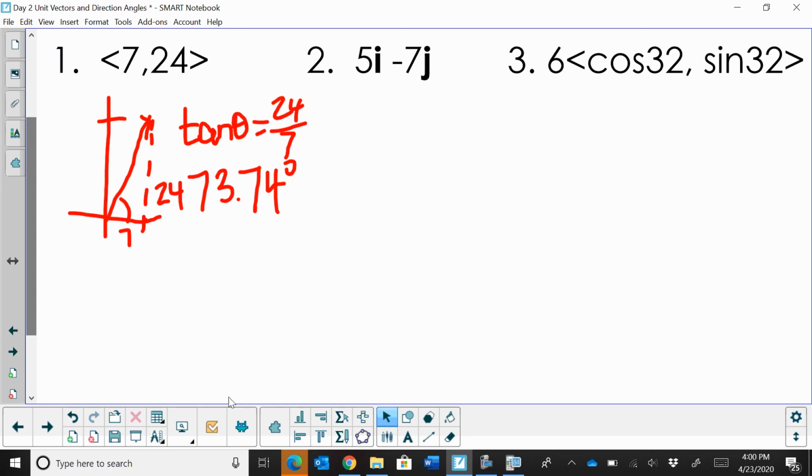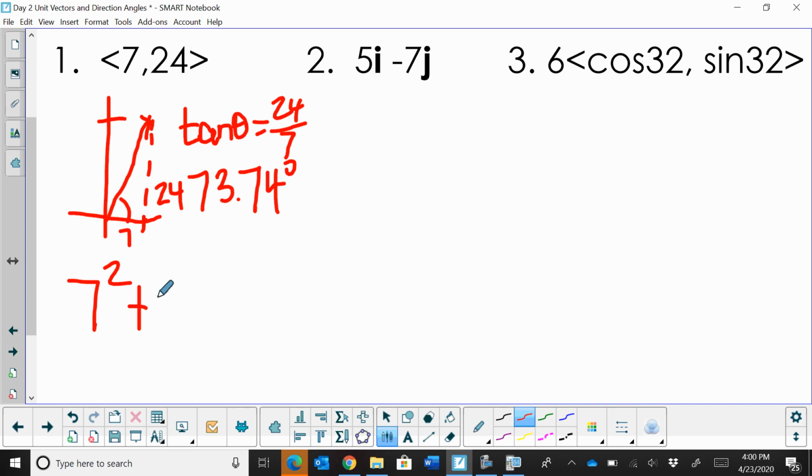Now to find the magnitude. Magnitude is the length. So let's just use the Pythagorean theorem to find the hypotenuse, which is the length of the vector. So this is going to be the vector's magnitude squared.